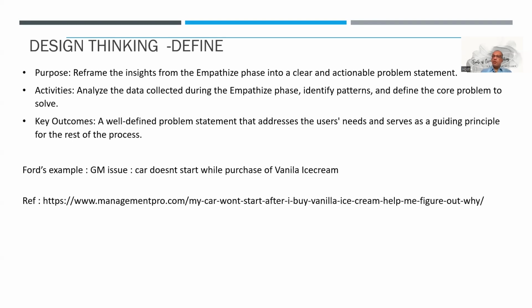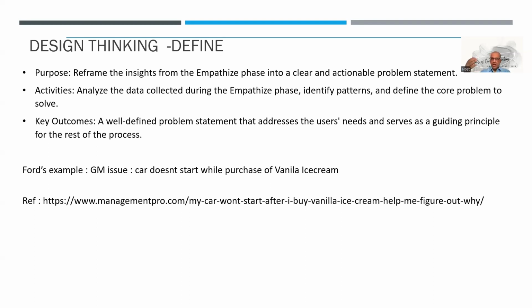So Ford, after having a few sessions of discussion with the owner, sent an engineer and found that the store from which the owner was purchasing vanilla ice cream is nearby to the road or street, where one can easily purchase and get back to the car. And the car, once it is stopped, needs some time to cool down before the next start.